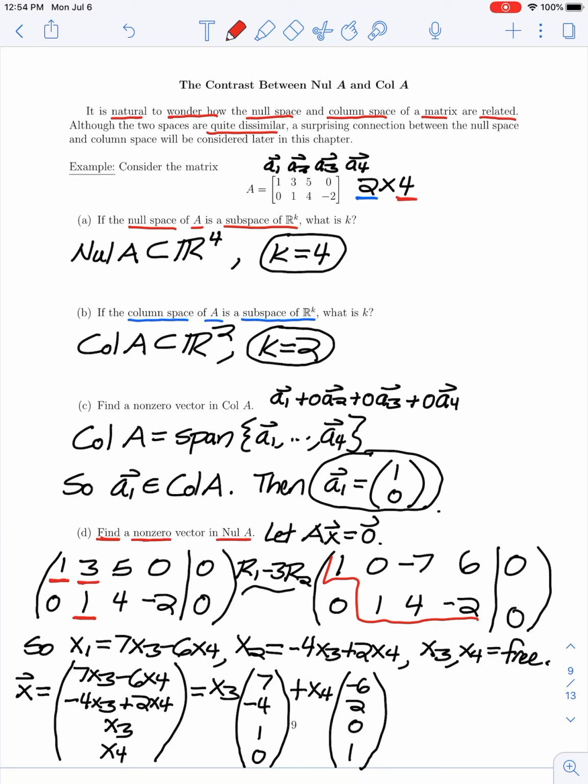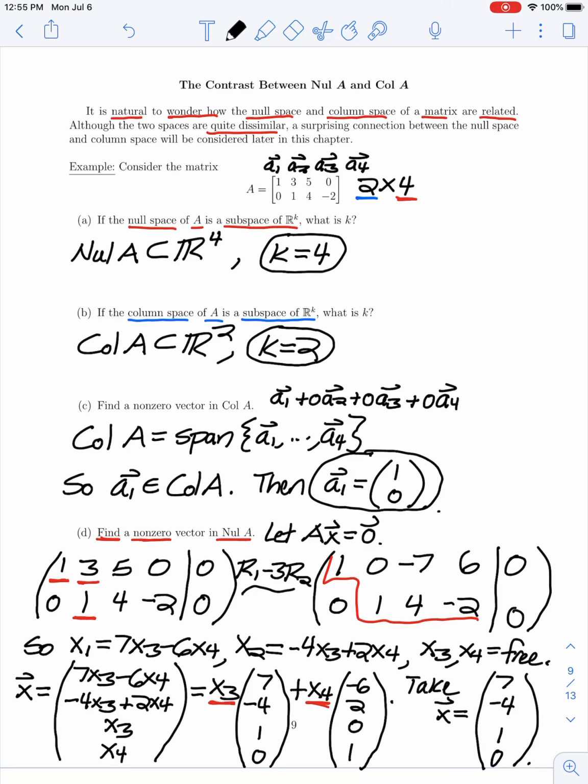An easy way to choose an example of a non-zero vector would be to make some choice for the free variables x3 and x4, and an easy choice would be to let x3 equal 1 and x4 equal 0, in which case we would take as our non-zero vector in the null space the vector 7, negative 4, 1, 0. All right.